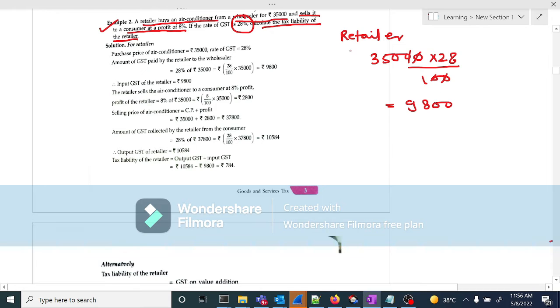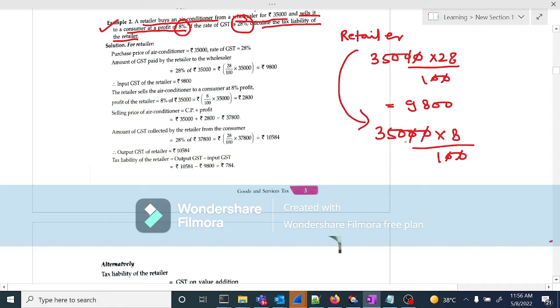So this is the GST the retailer pays to the manufacturer and ultimately to the government. That's true. Then this retailer sells this air conditioner to a customer at a profit of 8%, right? So the retailer bought it from a wholesaler for 35,000 rupees, and then he sells it at a profit of 8% to the consumer. That's what happens in a regular world, right?